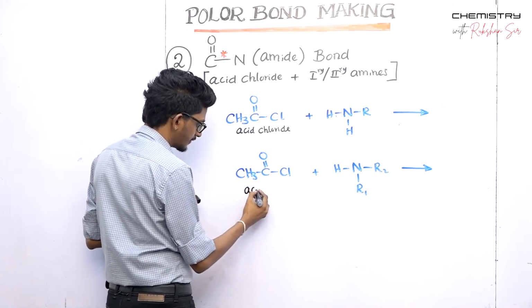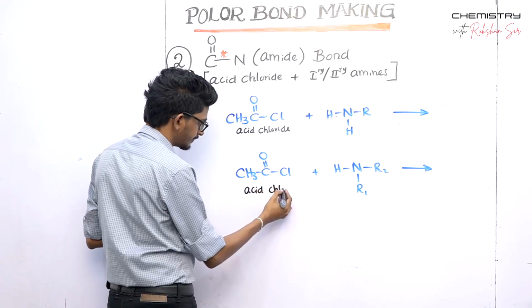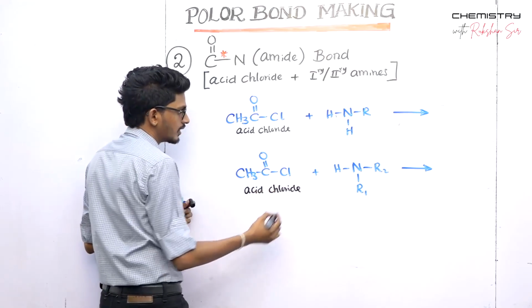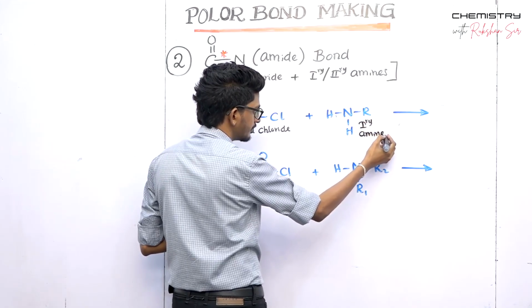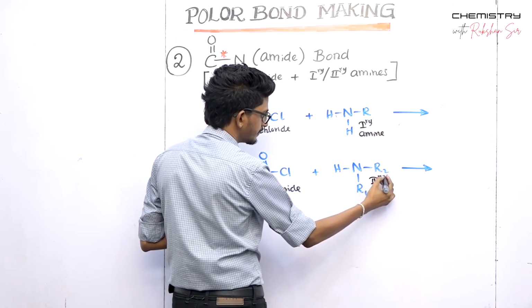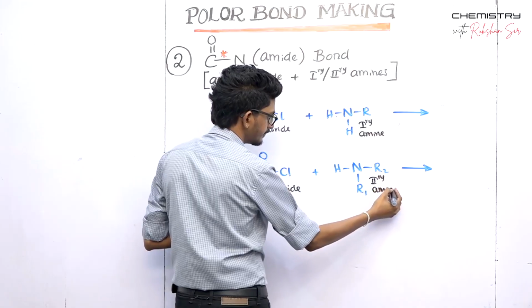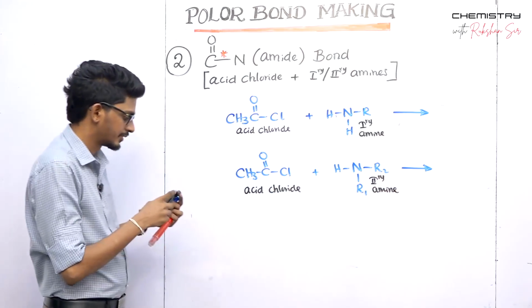Acid chloride, this is a primary amine, secondary amine. You know what will happen?